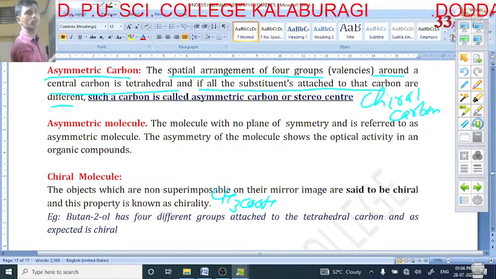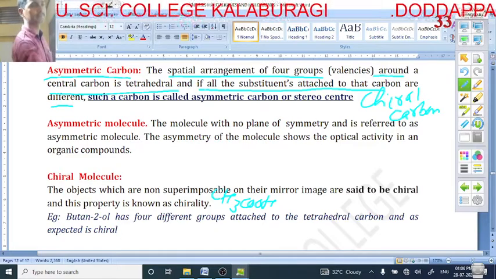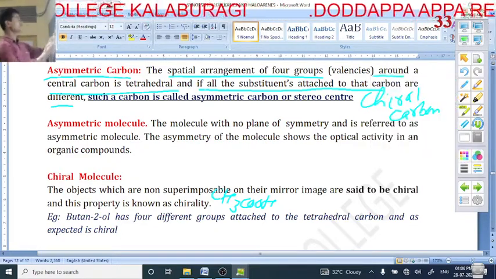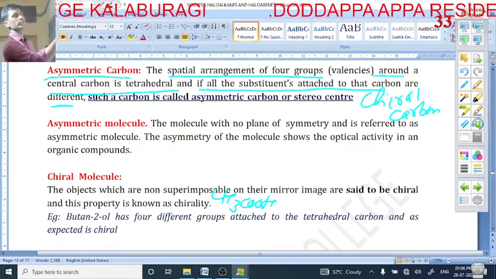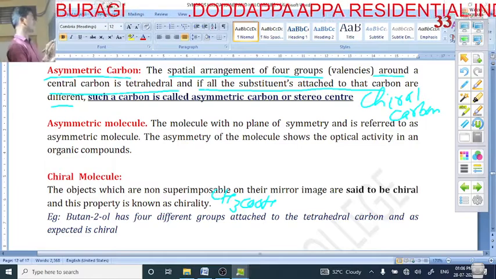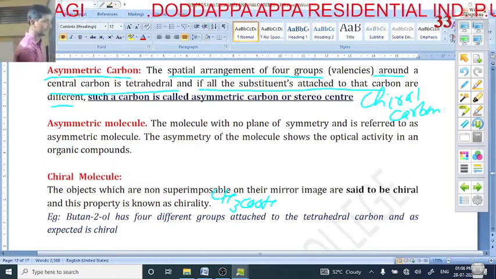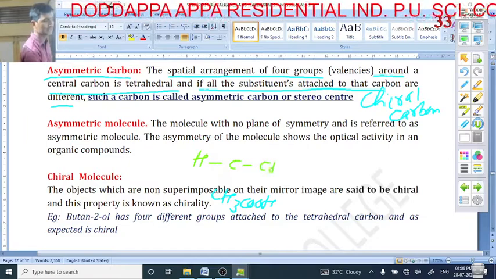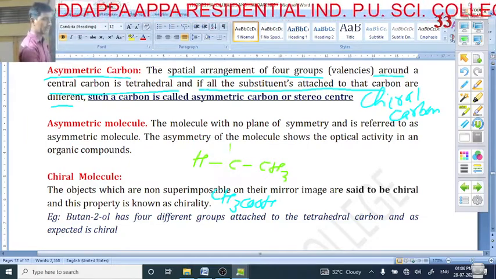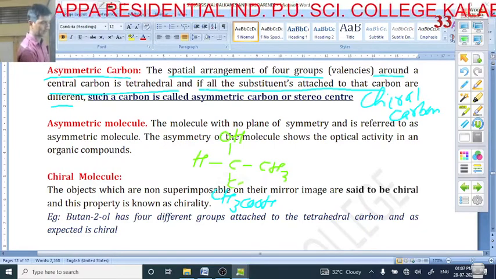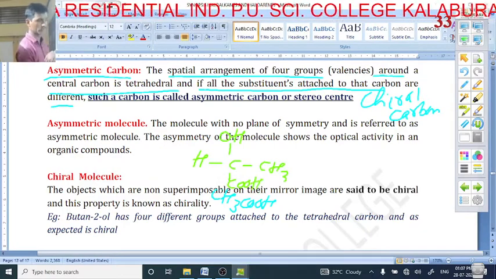So what is an asymmetric carbon? It is also called a chiral carbon. I can write one structure: C with H, CH3, OH, and COOH.